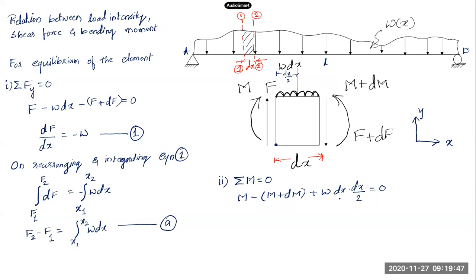Now in this, the higher order term which is of the power 2, dx to the power 2, will be negligibly small, so I'll just ignore this.